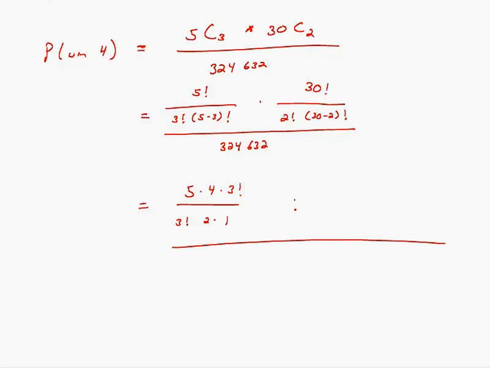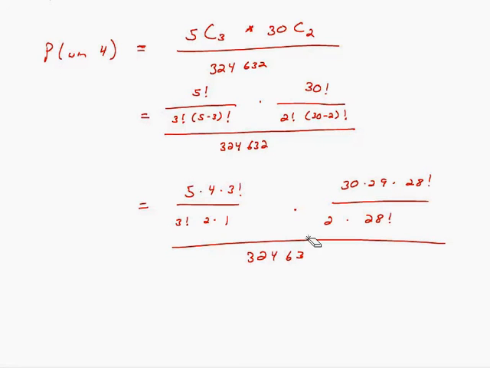For the second term, I have 30 factorial, and with a 28 on the bottom, I'm going to take this as 30 times 29 times 28 factorial, all over 2 factorial, which is 2 times 1. And not to forget it, I still have the same denominator, 324,632.